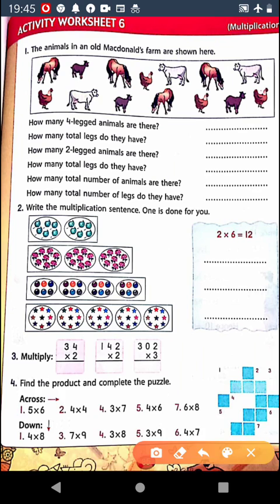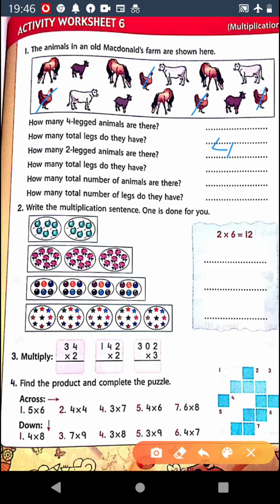Now next is, how many two-legged animals are there? So we had counted four-legged animals. Now how many two-legged are there? Only hen is the two-legged animal. So 1, 2, 3, 4. 4 two-legged animals are there.